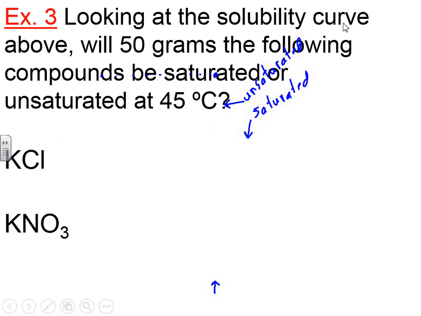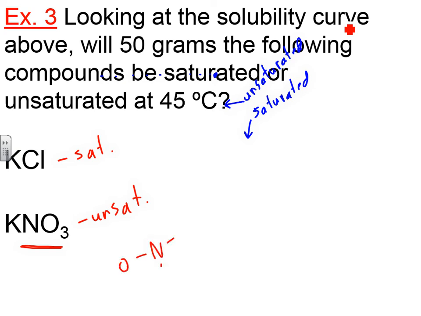So, saturated and unsaturated. Now, what's interesting about this is that potassium nitrate, the nitrate, is actually very soluble. Nitrate is able to form hydrogen bonds with water. The little structure of nitrate looks like this. Now water, remember, is H2O, which has hydrogen bonding.